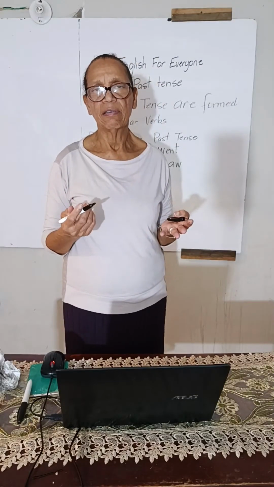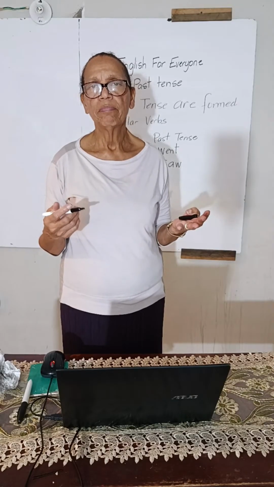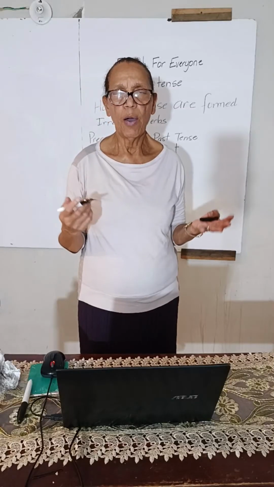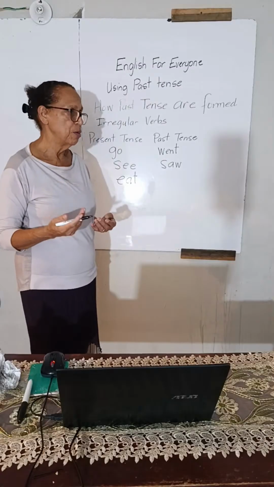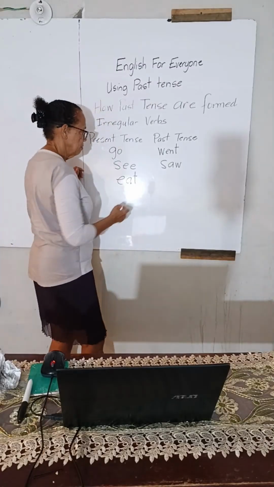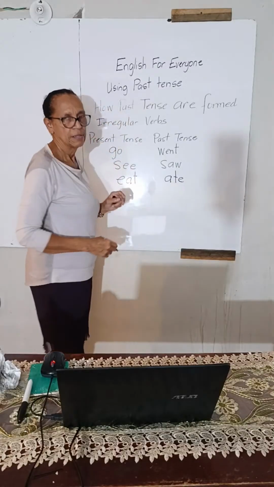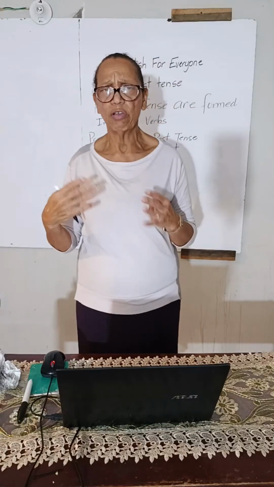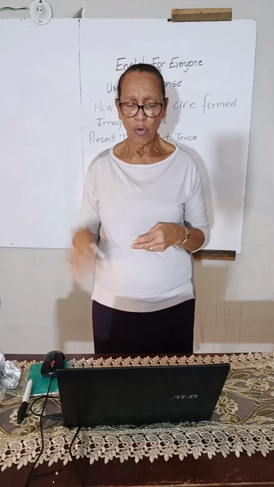Mary eats bun and cheese. Tom eats banana chips. So that is referring to the present. But, ate. I ate last night. And always use time words: last night, yesterday, some time ago.